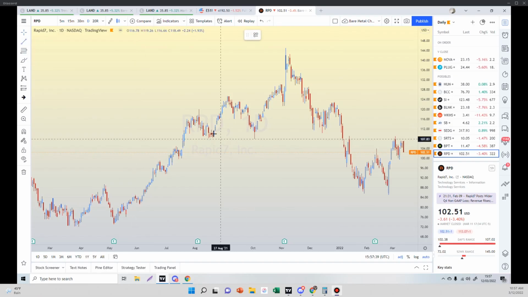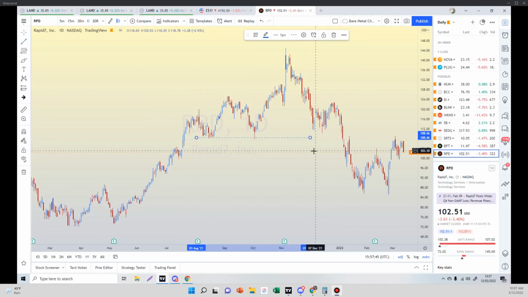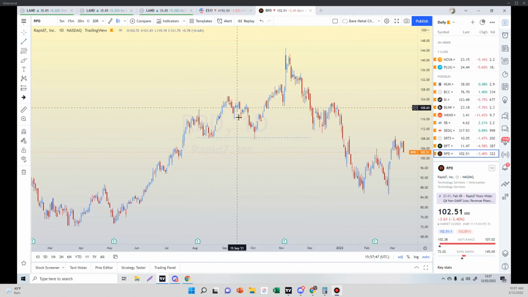If I was to draw this at this point here, people would say that's a nice support level. It's support, but it's minor because it's never been tested from the bottom. The only time it really gets tested from the bottom is here and here. So this is only valid up to this level here.